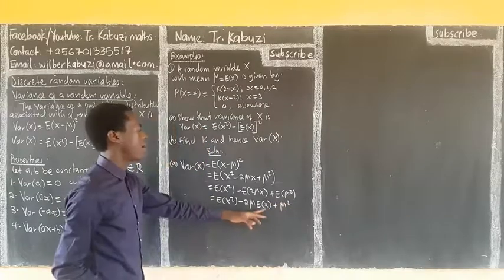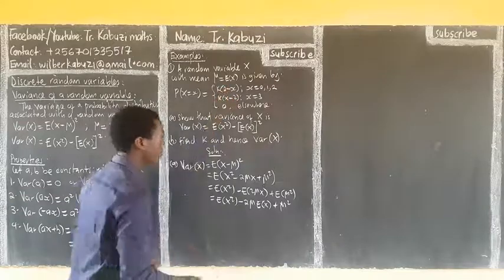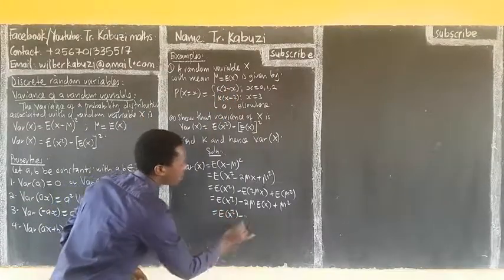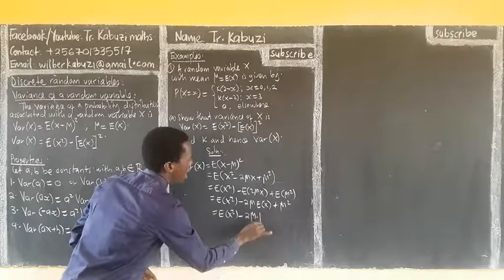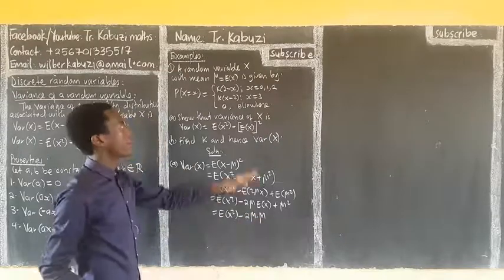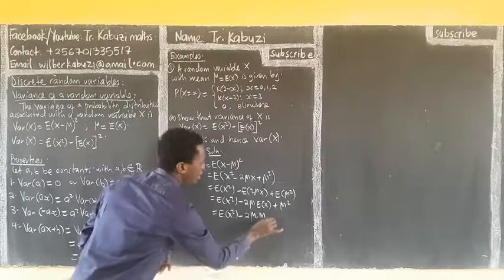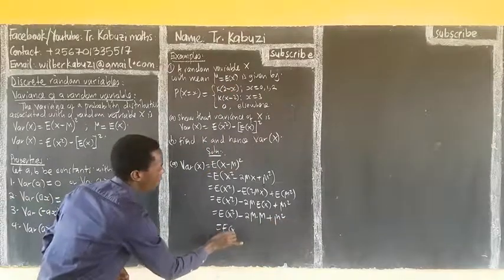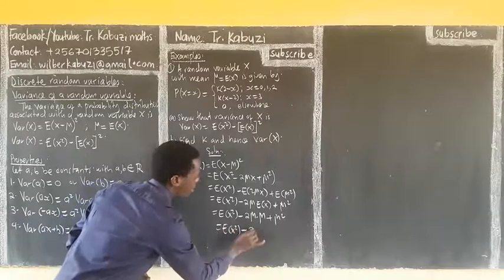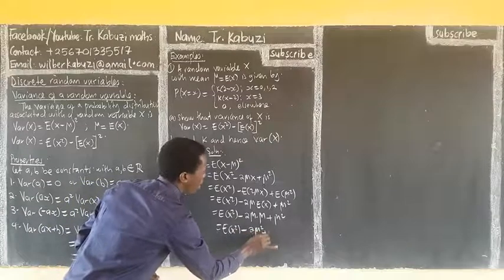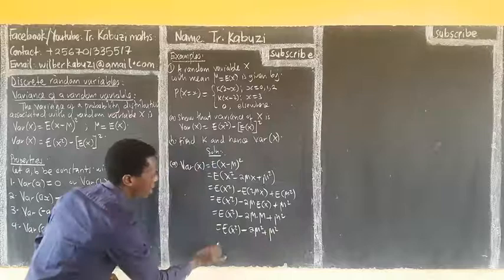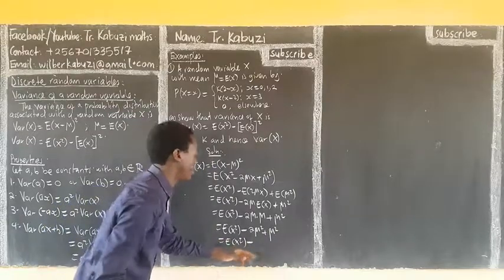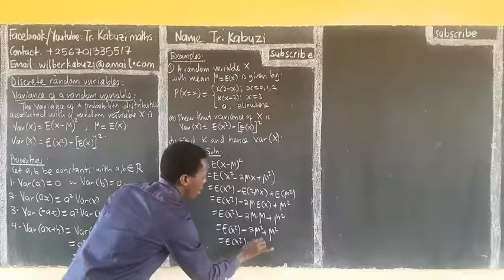And we say our e of x from the equation is mu. This will be e of x squared minus 2 mu times mu from the equation, then plus mu squared. This will give us e of x squared minus 2 mu squared plus mu squared, which will give us e of x squared, then minus mu squared.